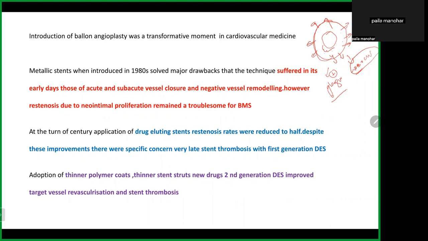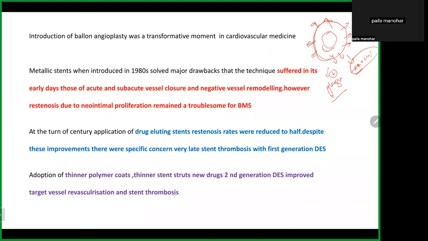To stabilize it, they introduced the metallic stent, which solved the major drawback of balloon angioplasty by preventing this negative remodeling. In the early days, it dealt with acute and subacute closure and negative remodeling. However, restenosis due to neointimal proliferation remains troublesome for the bare metal stent in the long term.